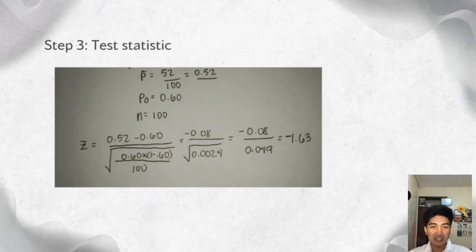The answer is negative 0.08, then i-divide pa nimo og sa square root sa 0.0024, which is 0.049. So negative 0.08 divided by 0.049 is equal to negative 1.63.